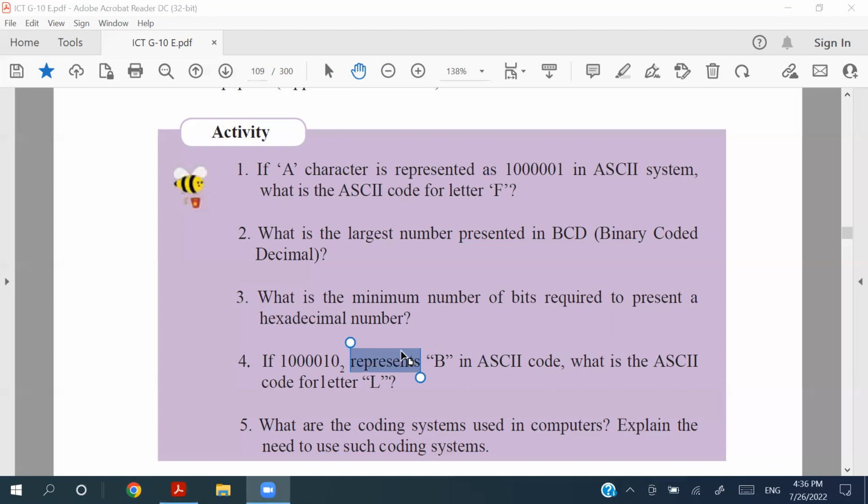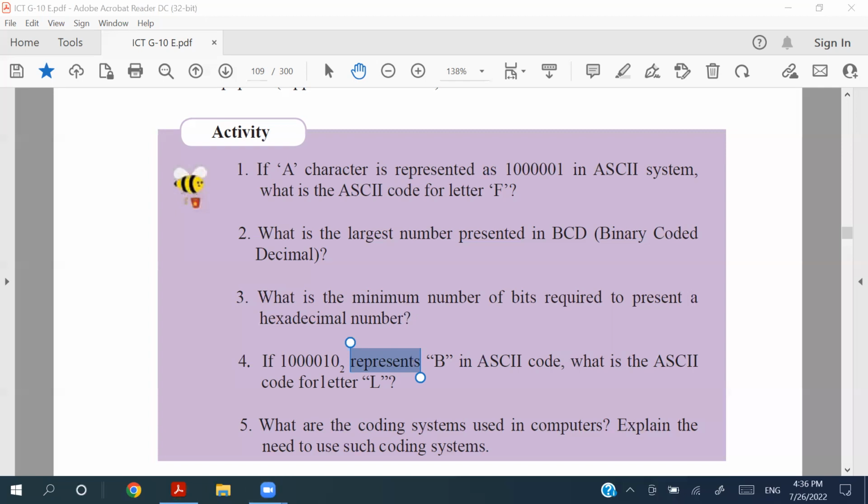Right. So the first question says, if a character is represented by 1, 5 zeros and 1 in the ASCII system, what is the ASCII code for letter F? Now, what is the easiest way to solve these things, people?